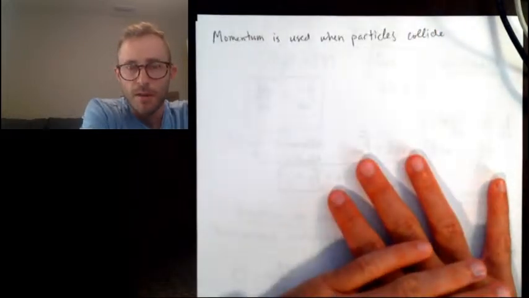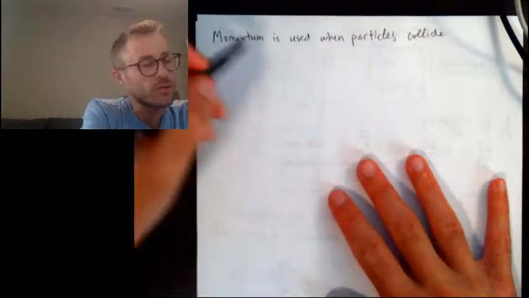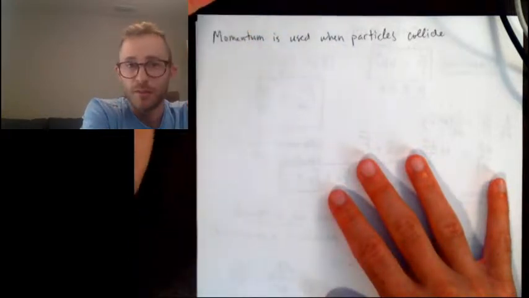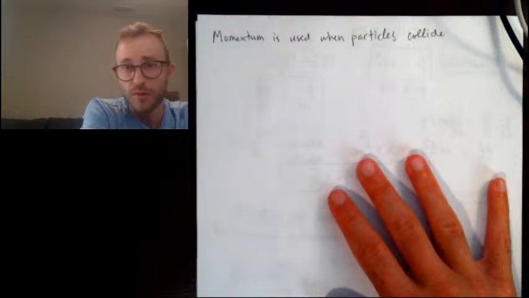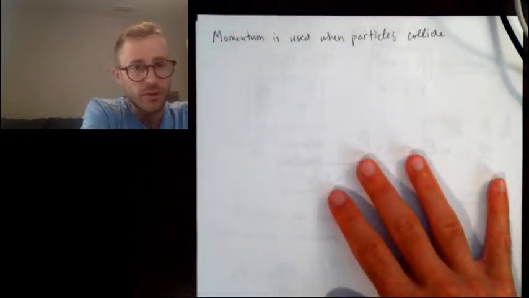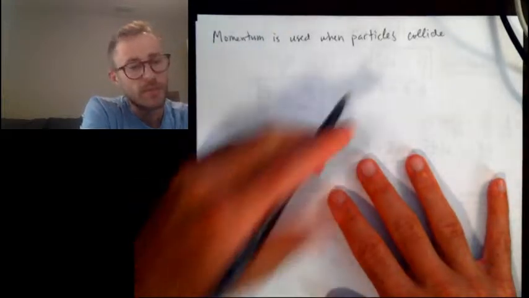So why is momentum used when particles collide? Well, it's because momentum is conserved, so the momentum before the collision is equal to the momentum after, and so we can use that equation to solve problems.